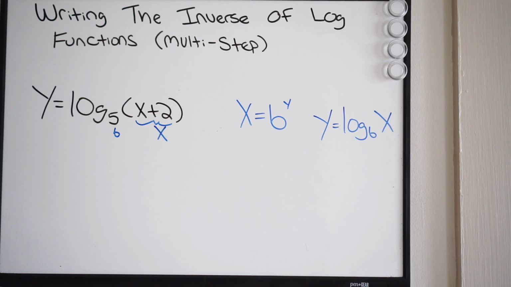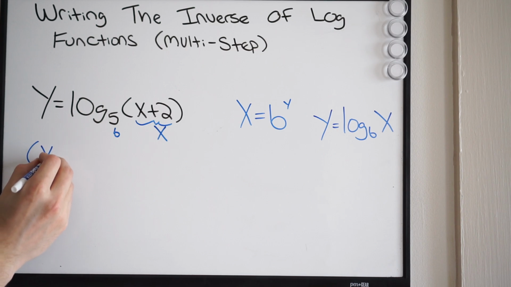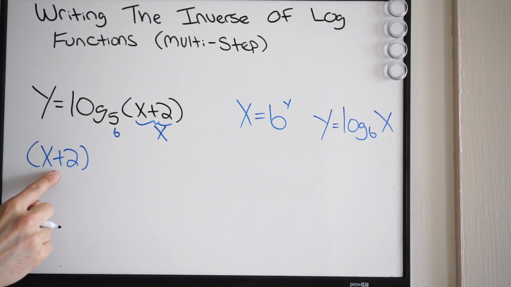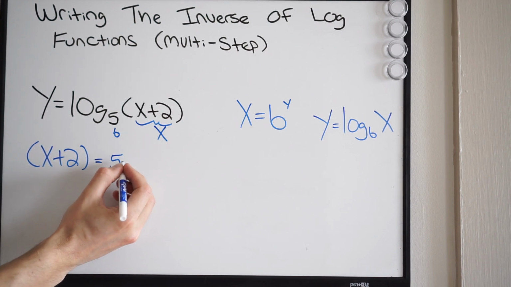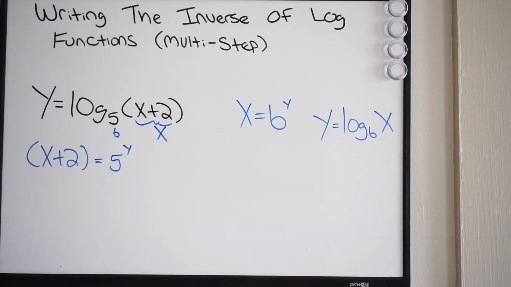So again, this is isolated. So now we can go ahead and put it in its exponential form, which we're going to do here. So let's go ahead and write this as, so we'll have x, this whole thing is my x, right? So now it's being replaced, so it's coming over here. And we'll have 5 to the y power, okay?